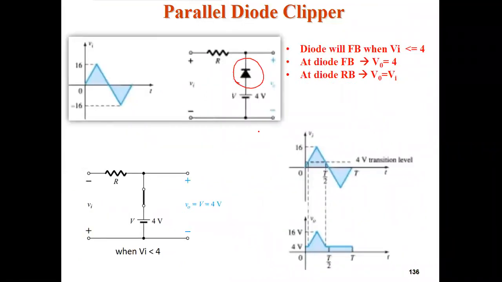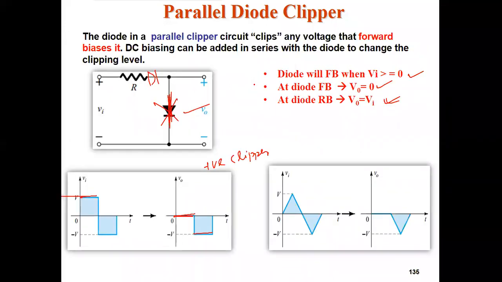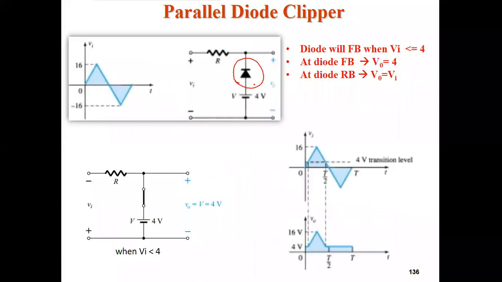Similarly here also, with this diode we have another voltage source. Here you can just find out where the diode will be on. Just looking at this figure, you can say the P side of the diode is at 4 volts.